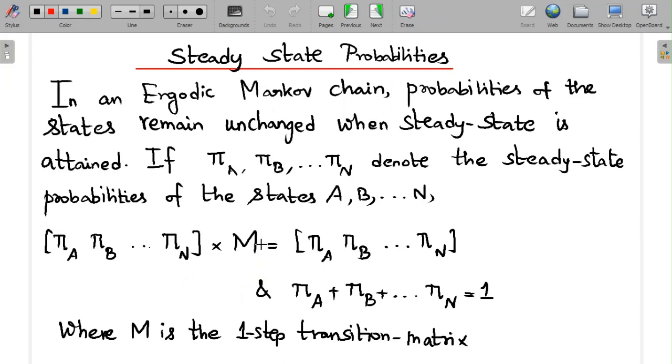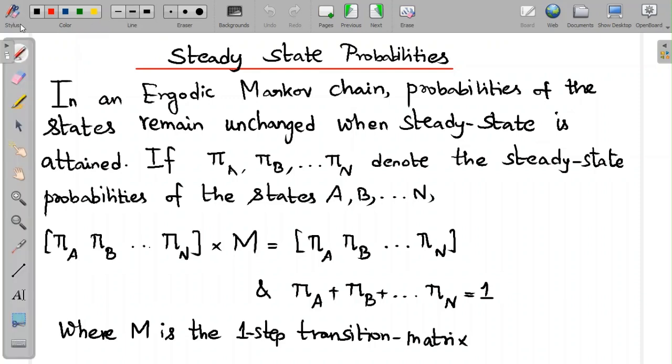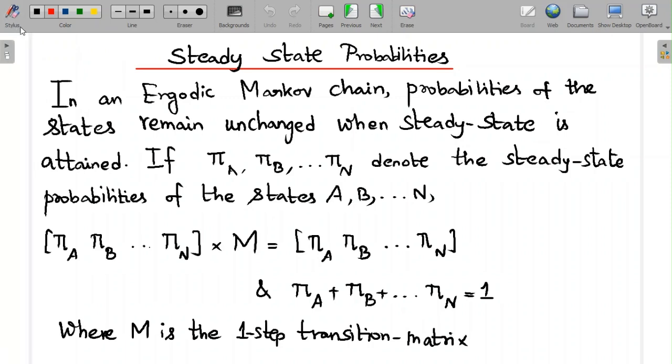So how do we connect this mathematically? If pi a, pi b, etc., pi n denote the steady state probabilities of the states a, b, n, then by the definition of what happens in a steady state, we observe that the probabilities do not change. They were pi a, pi b, pi n, and they are also pi a, pi b, pi n after multiplying with the transition matrix.